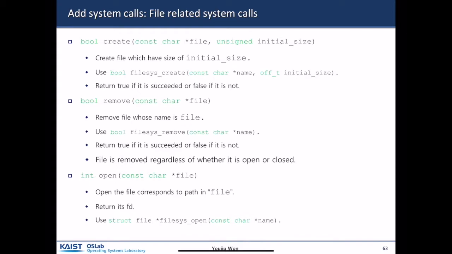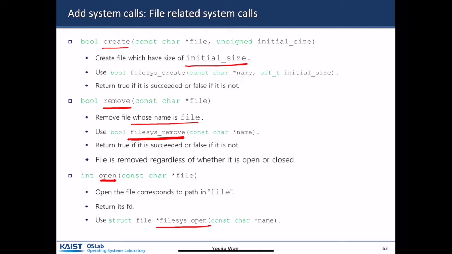These are the system calls related to file manipulation. The first one is create. It creates a file whose size is the initial size. And there is the system call remove. It removes the file whose name is file. And open calls filesys_open. And remove calls filesys_remove.